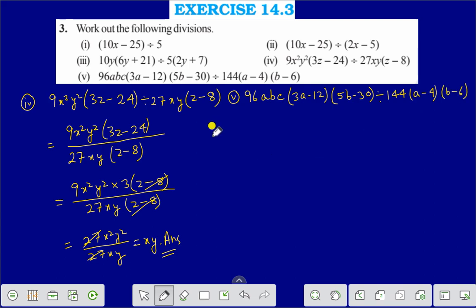Therefore, it can be written as 96abc. If we take 3 as common, then we are getting a minus 4.